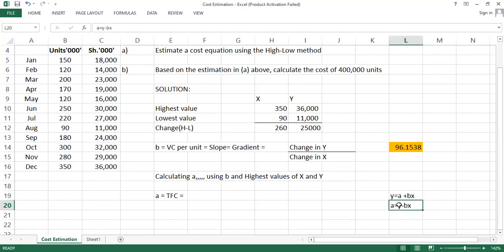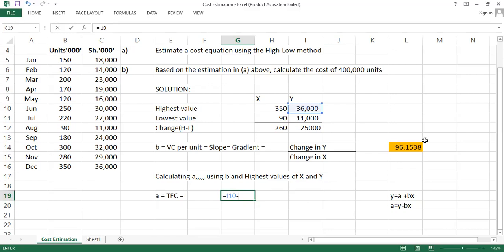So this is what I'll come back here and use in computing the value of A. So that means A equals y. Remember, I am using the highest values, so I'll take the highest y, which is 36,000, minus bx. Bx means b times x.